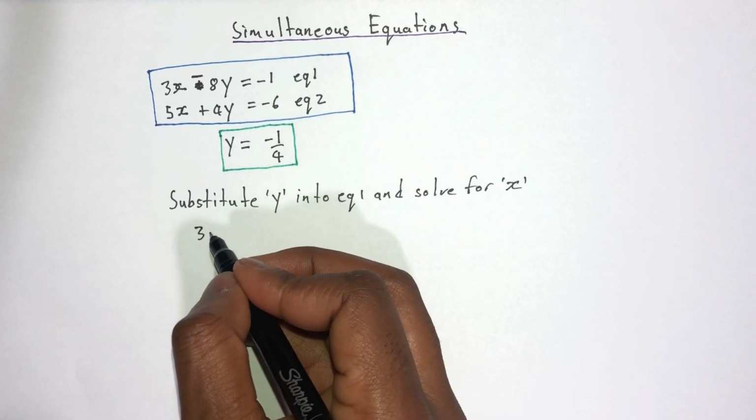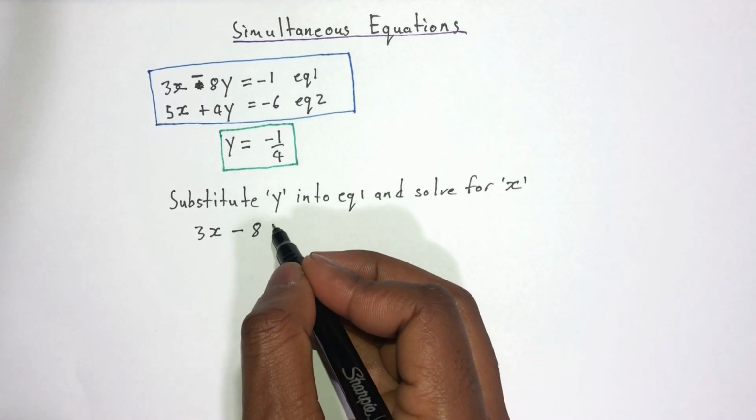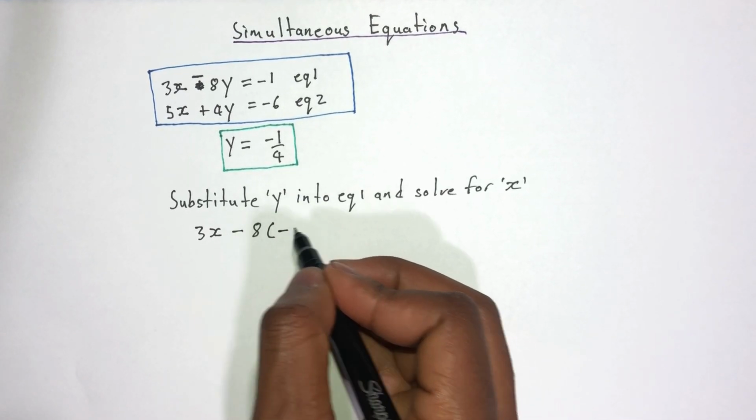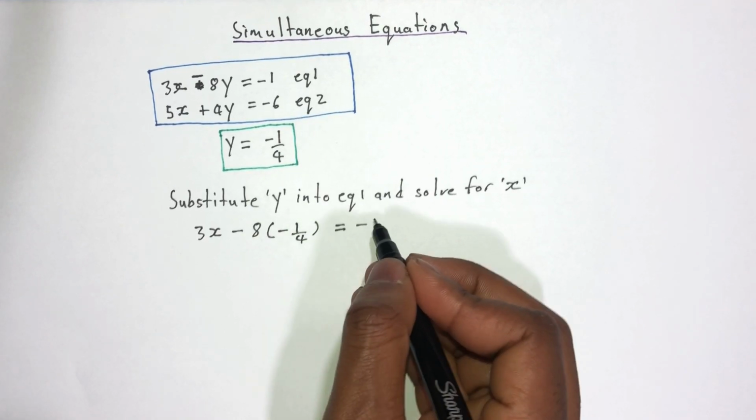So this leaves us with 3x minus 8, and our y value is negative a quarter, equals negative 1.